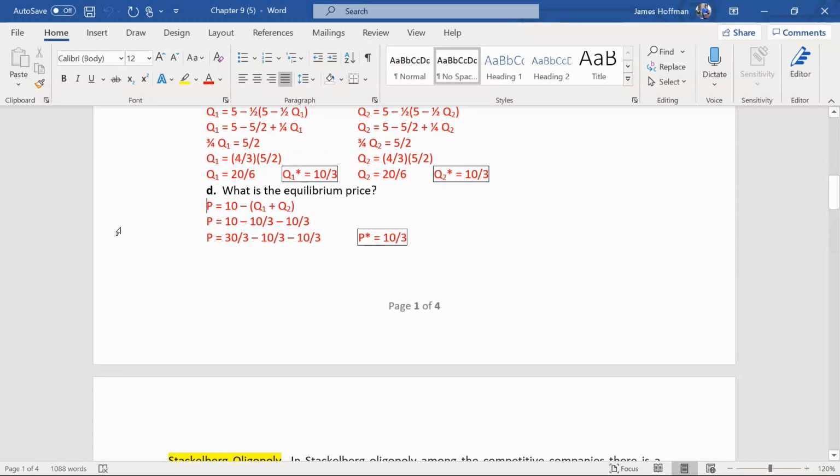So there is the demand function, 10 minus Q1 plus Q2. So you get 10 minus 10/3 for Q1, minus 10/3 for Q2, and then if you solve this, it doesn't come out super nice, but 30 thirds minus 10 thirds minus 10 thirds gives us 10 thirds. So P star is 10 thirds.